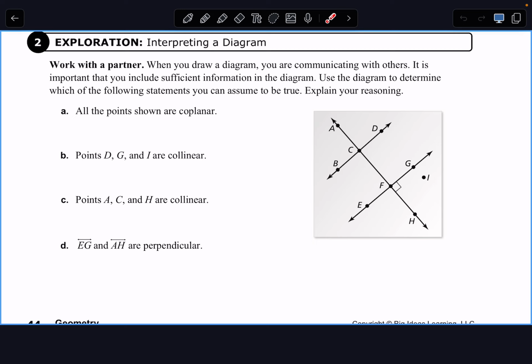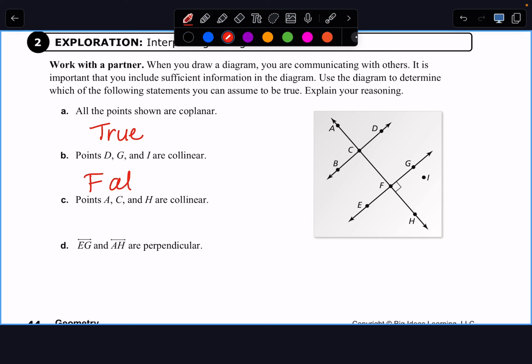All right. Nolan. A, are all points shown coplanar? Okay, thank you, Nolan. Daniel. B, G, and I, collinear. Okay, so here is B, G, I. Not on the same line.